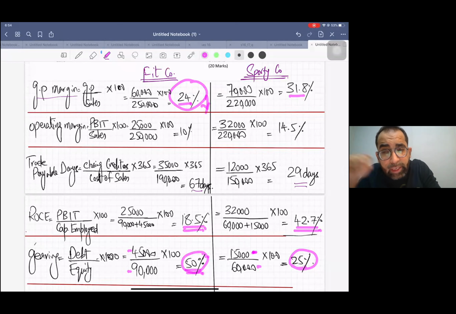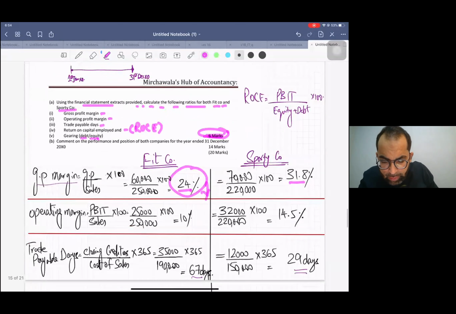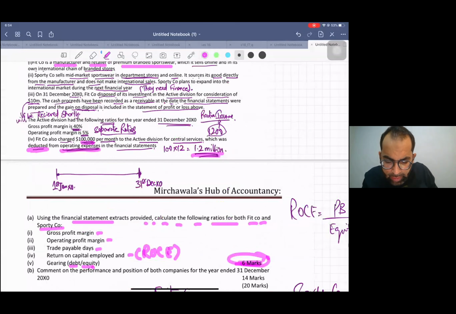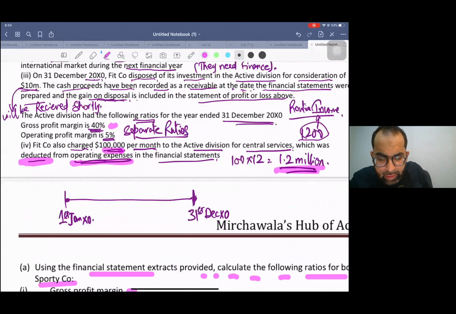Can you see the separate GP margin of the Active division? That is 40% alone. But with Fit company, when you average it out, it's 24%.